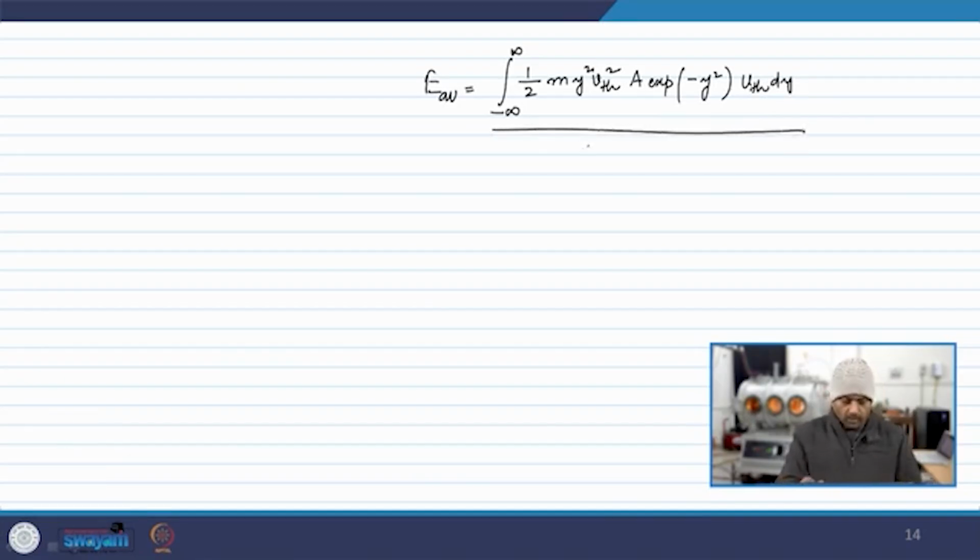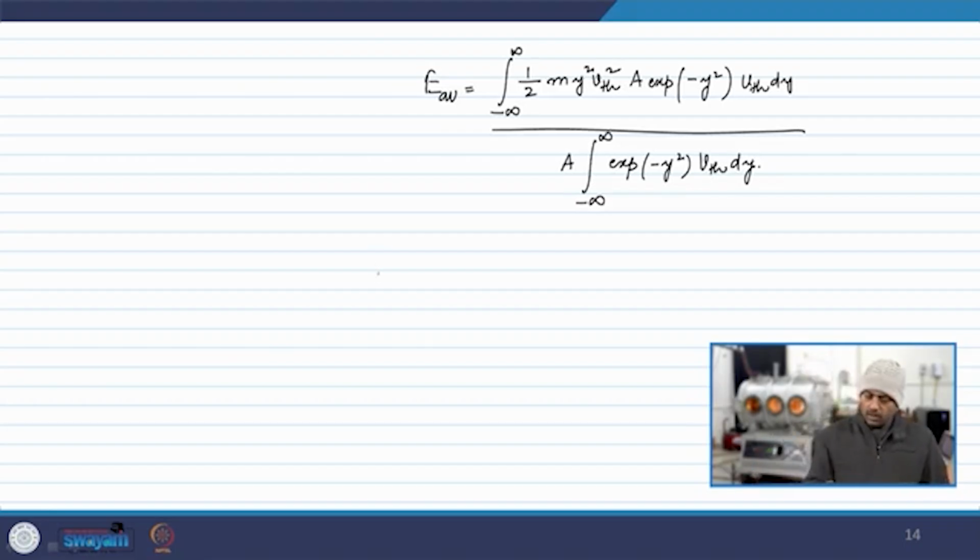Once we know what it is, we can get rid of all these things. Divided by a times the integral from minus infinity to infinity of exponential of minus y square Vth dy. Right. We try to evaluate this integral. E average is half m Vth cube.